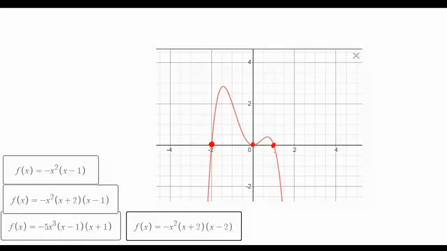And this one you have to be careful on. This one is at number 1. So you have to count out your graph. It's at 1, it's at 0, and it's at -2. Okay? There's a double root at 0.